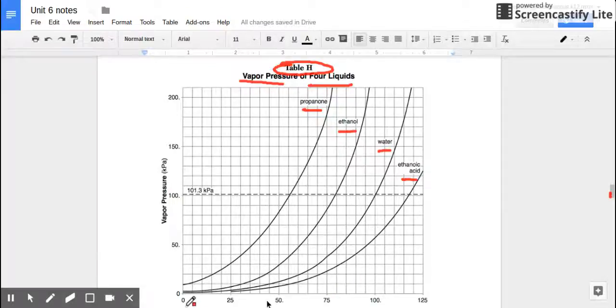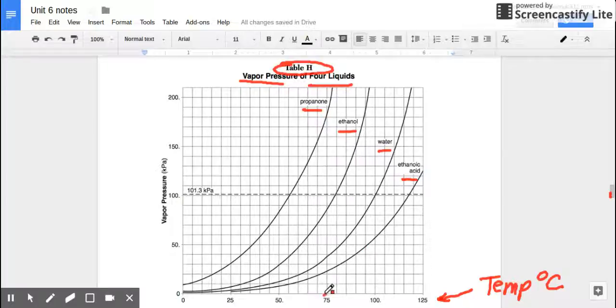And down here, I cut it off a little bit. I don't know if you can see it on the recording, but down here is temperature in degrees Celsius. And what they'll ask you to do is they'll ask you which one of the following has the highest vapor pressure at a specific temperature or the lowest vapor pressure at a specific temperature.